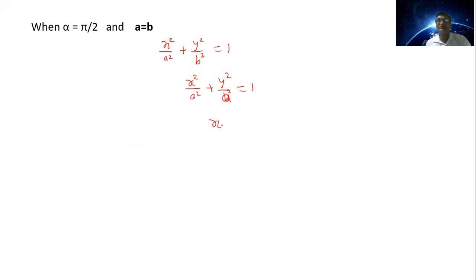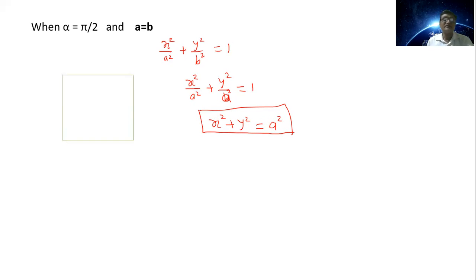And that we write as x square plus y square is equal to a square. Now this is the equation of a circle. Therefore the particle performs simple harmonic motion along this circle.